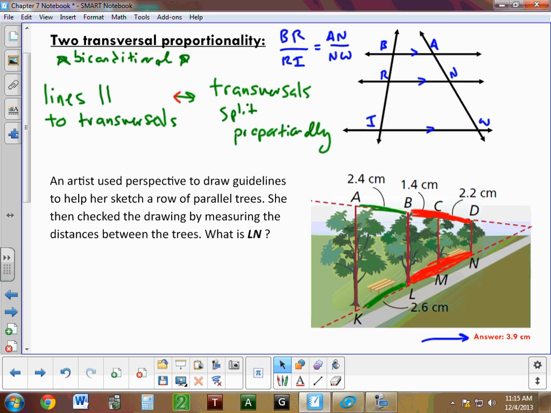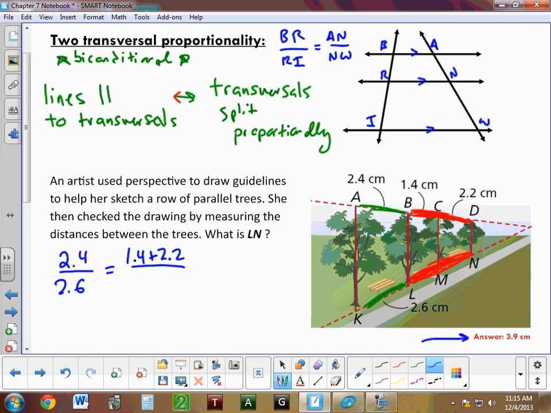I know the green is a little funny because it's grass, but anyways, I should be able to say that 2.4 over 2.6 is equal to BD, which is whatever 1.4 plus 2.2 is, over LN. So I can do that. So let's just add these together. So that's 2.4 over 2.6 equals what is it, 3.6?